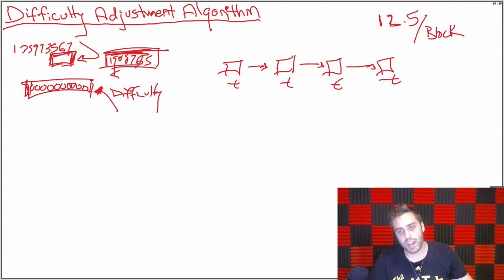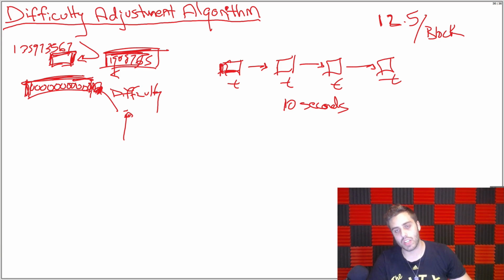And if, for example, the average block time of the last 10 blocks is only 10 seconds, well, then you can adjust the difficulty upwards, which means that this number becomes a lot smaller, and thus it's harder to mine a new block. For the amount of hash power on the network, which must have increased to get 10-second block times, the difficulty has now increased in concordance with it, and the block time should start increasing again back to 12 seconds.